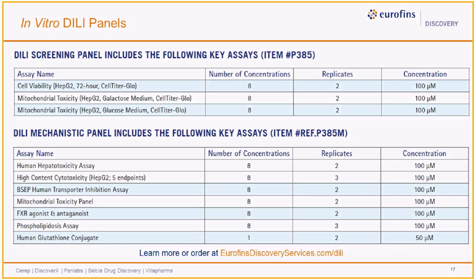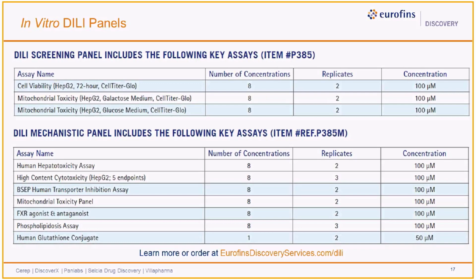We offer the combination of 6 assays in the DILI mechanistic panel in order to provide mechanistic information on the causes of DILI. Those assays include high content analysis imaging cytotoxicity assays in HepG2 or human primary hepatocytes, BSEP inhibition, and FXR agonist and antagonist assays that assess cholestasis, also phospholipidosis and glutathione conjugation assays.